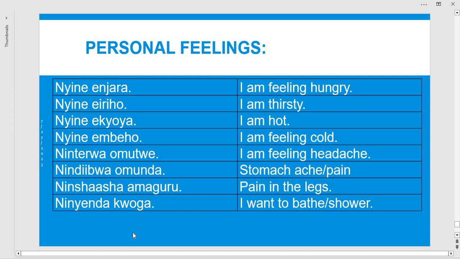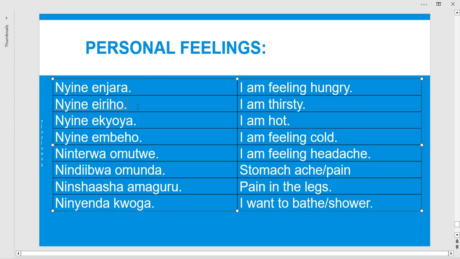Then personal feelings. You need to know them because you will experience them when you come to Ankole. You need to express how you're feeling. You say nyinenjara, meaning I'm feeling hungry. Nyinenjara ninyenda kurya, meaning I'm feeling hungry, I want to eat.